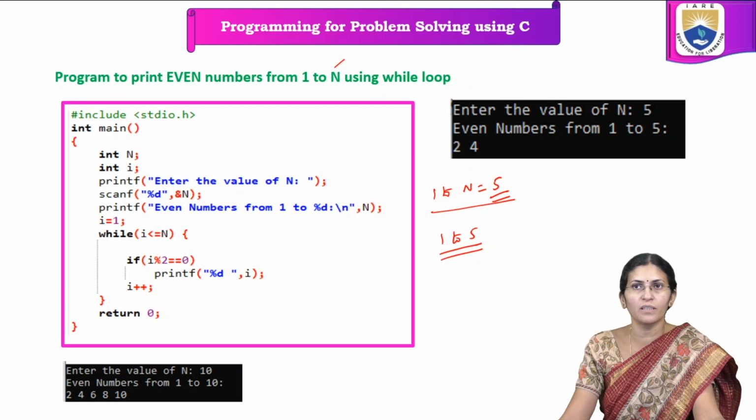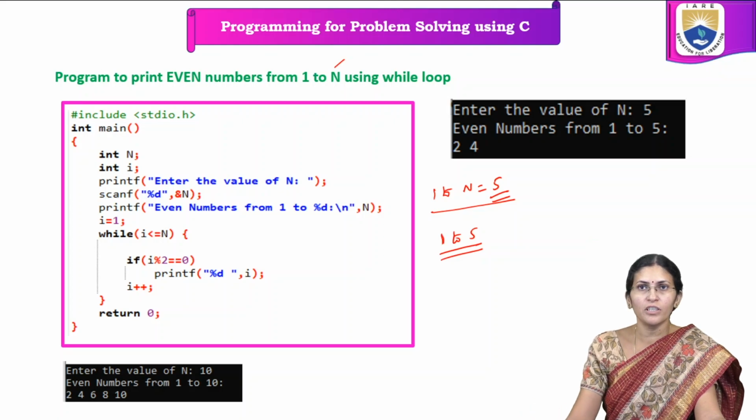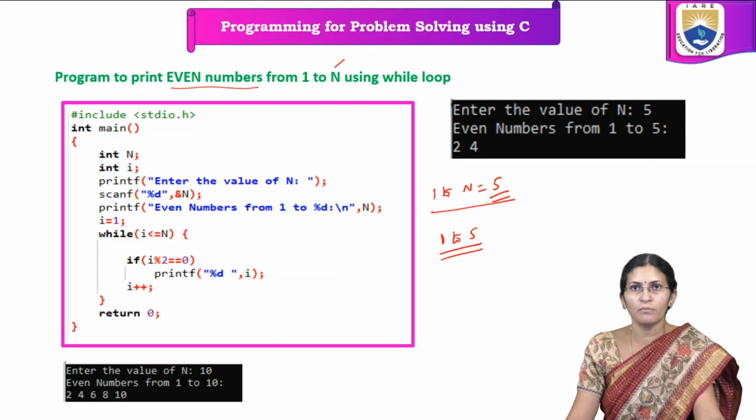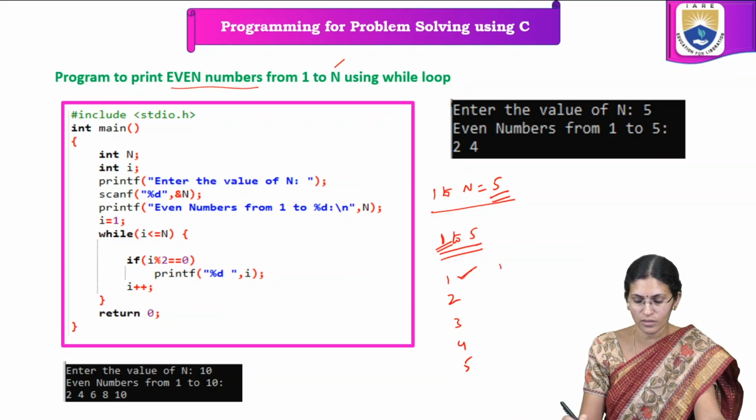We need to repeat the task many times: check each number, 1, 2, 3, 4 and 5, whether it is divisible by 2, and if it is even, print that value.